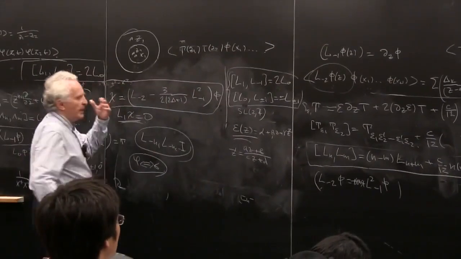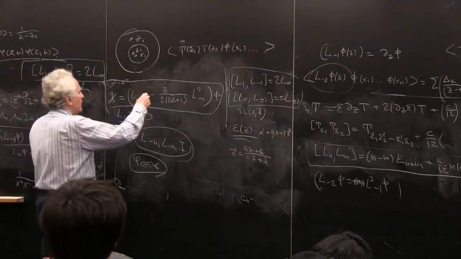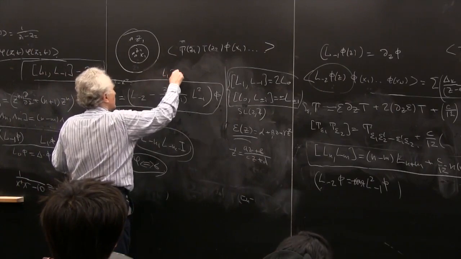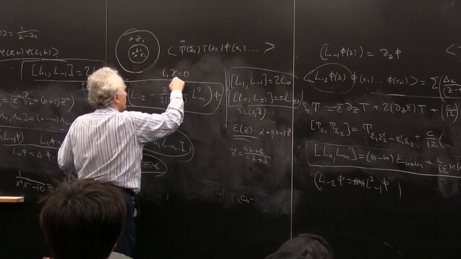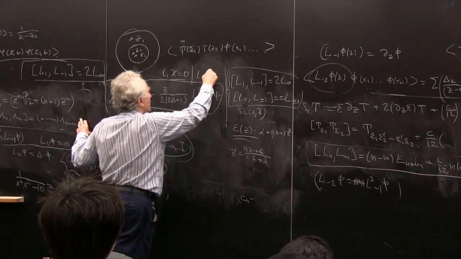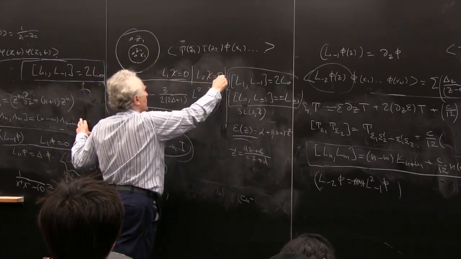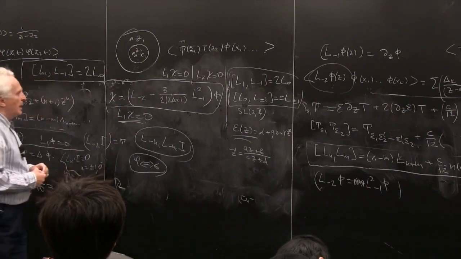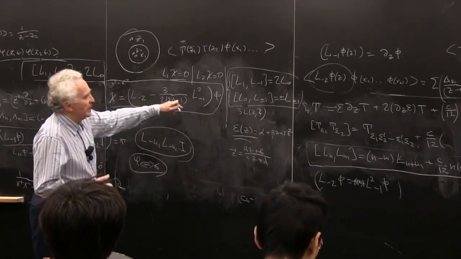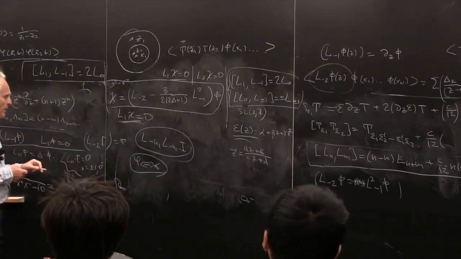And what I will tell you next time is very dramatic because while we found this formula by L1 chi equals 0, we will also apply the L2 chi equals 0 condition, and that will determine the anomalous dimensions in terms of the central charge.